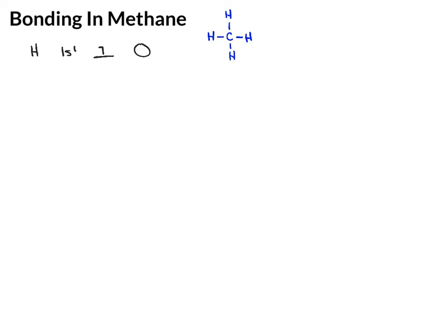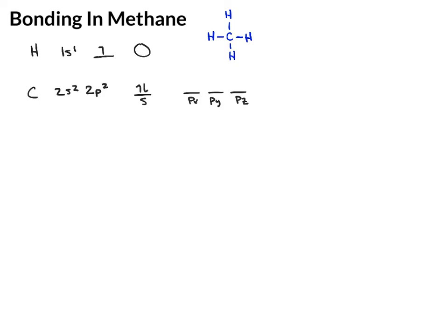Carbon, on the other hand, if we look at carbon's electron configuration in the outer shell, 2s2, 2p2. So we have an s orbital, and then we have p orbitals, and there's 3 p orbitals. We have px, py, and pz.